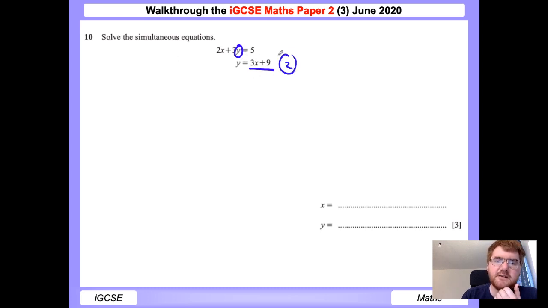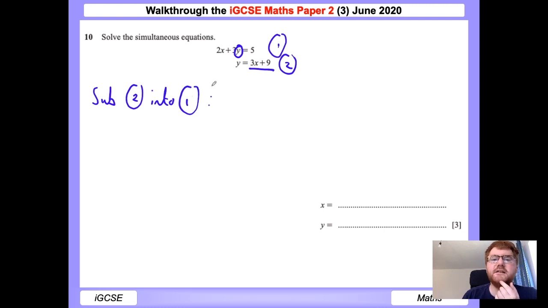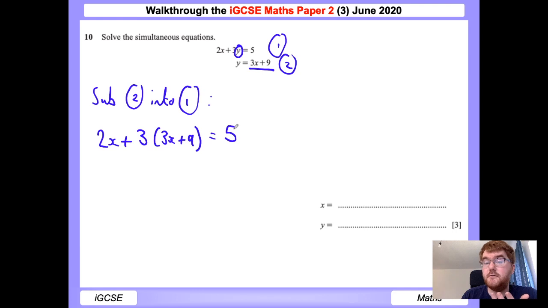So what I'm going to tell the examiner here is I'm going to sub 2 into 1. So what I mean by this is I'm going to copy out the first equation, and wherever I see a y, I'm going to replace it with a 3x plus 9. Okay, giving me essentially a linear equation to solve from here.